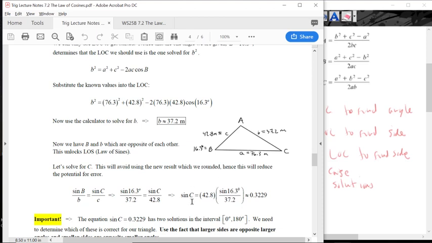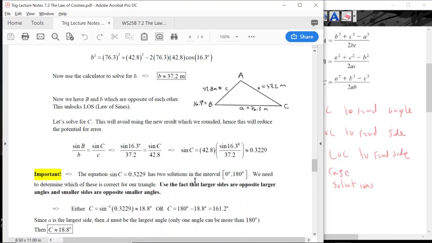That gives us an equation for sine of C is equal to some number. Recall that in solving this equation, the sine is equal to a positive quantity. And recall that the sine is going to be positive in either quadrant 1 or quadrant 2. Both of those quadrants would have angle measures where the sine is positive.